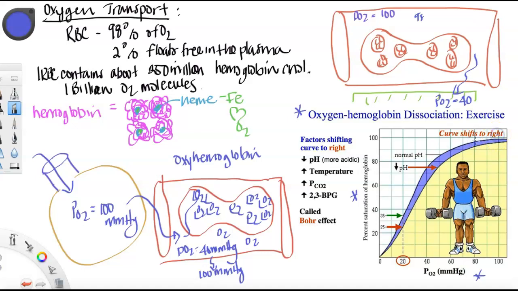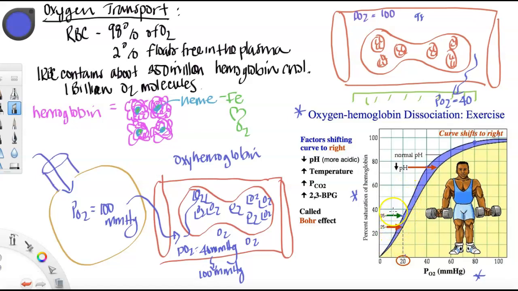Here's 100, here's 80, it's still pretty close to 100%. At PO2 of 60, it's still 90% saturated. At PO2 of 40, it's a little less than 80. And then at PO2 of 20, boom, we're down below 40. So as that PO2 gets lower and lower, it starts to dissociate faster.